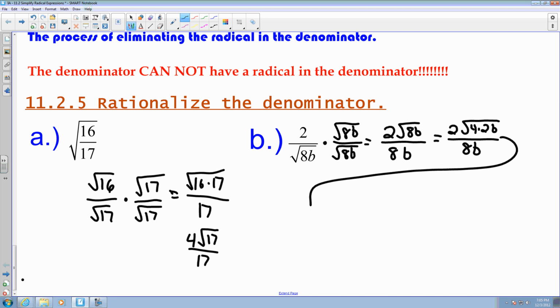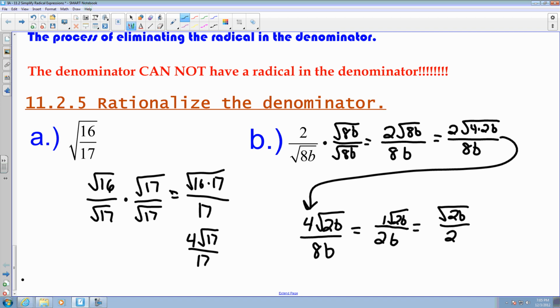The square root of 4 is 2, and 2 times 2 is 4, which then leaves me the square root of 2b all over 8b. And I can get 4 over 8 in the lowest terms, as in 1/2. So then that's the square root of 2b, and we have b over here, so I can get rid of the 1 and just put the square root of 2b all over 2b. You can leave the 1 if you'd like. I just choose to leave it out.